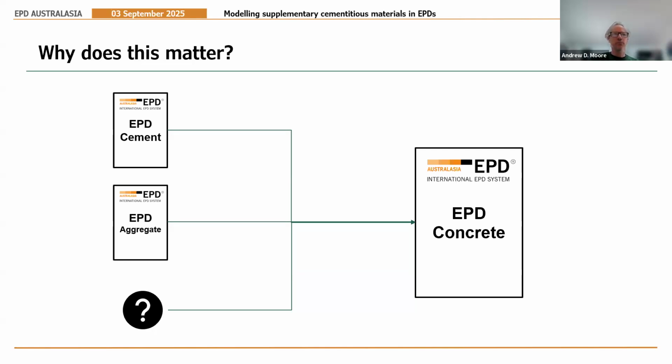At the moment in Australasia, there are a lot more EPDs of cement products and aggregates, but for supplementary cementitious materials we don't yet have EPDs for everything. We're moving towards a market where we will have EPDs of everything, but it's a case of how we manage this transition while we don't have that primary collected data representing products at this stage.